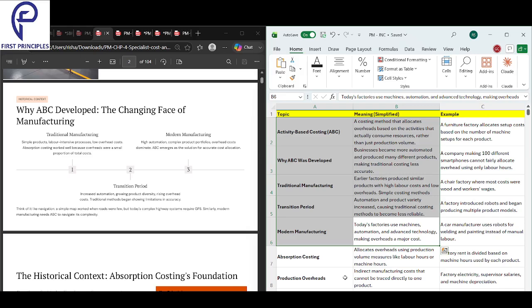What was the need here, Rakshita? Why did we need ABC? Why did you need activity? Because one business started producing a lot of products. iPod also, iPad also, iPhone also, EarPods also, MacBook also.